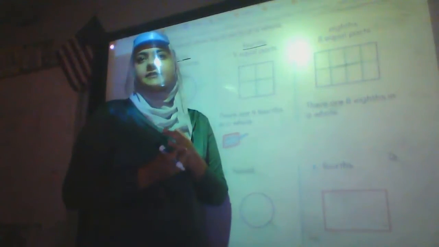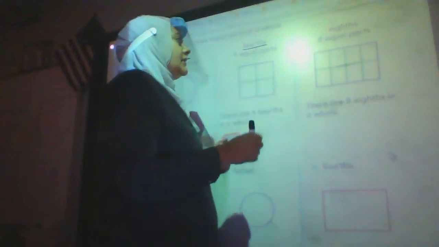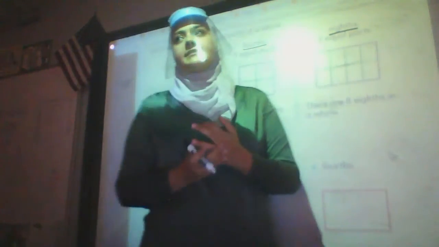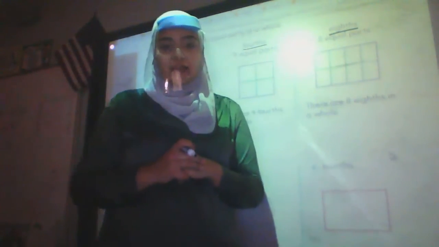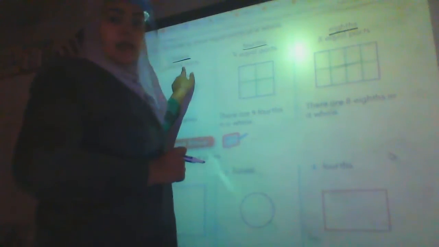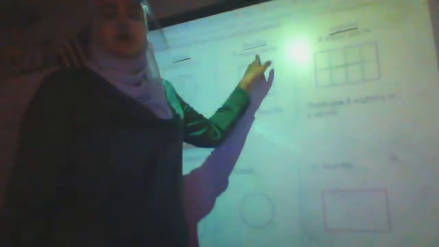Everybody say fourths. Very good. Here it says eighths. Is 8 equal parts. Everybody say eighths. Eighths. Very good. My onliners, get out a highlighter if you have one, or a yellow marker will work. Highlight the words halves, fourths, and eighths.